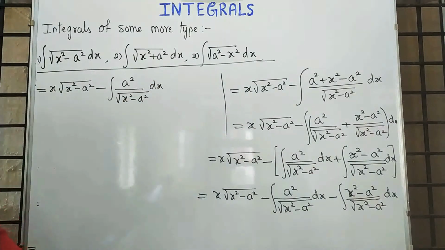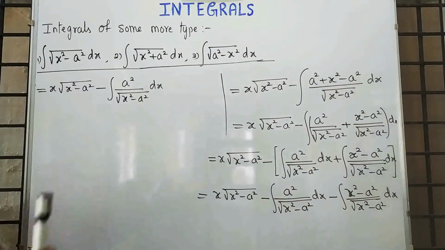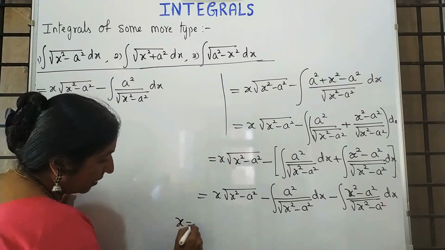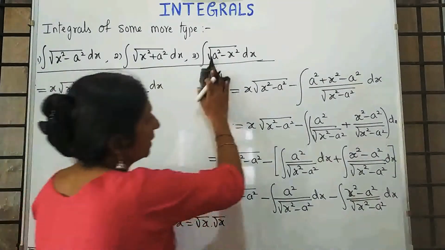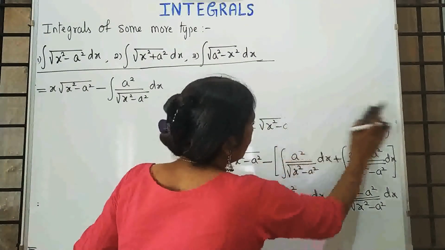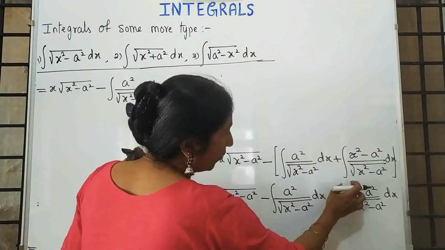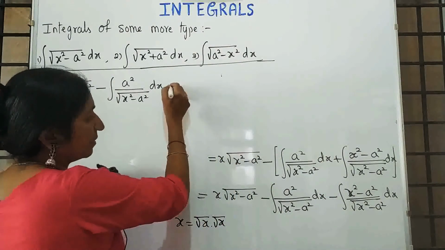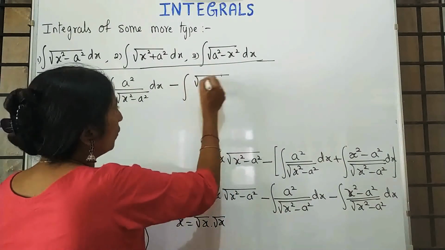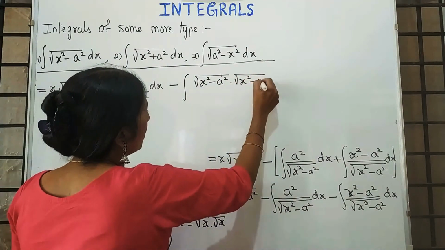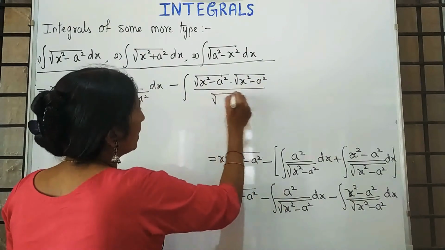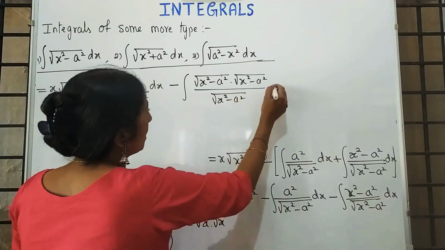And you are familiar with one important formula. What is that important concept? You are familiar that x is written as root x into root x, correct? Yes. Depending on this concept, this x square minus a square I am writing as root of x square minus a square into root of x square minus a square divided by root of x square minus a square, as it is.